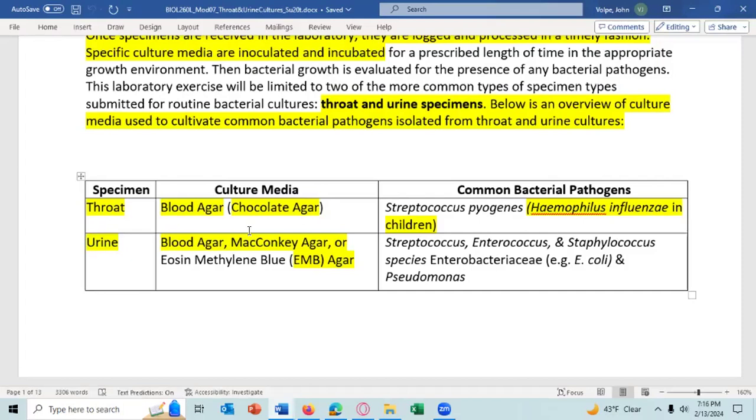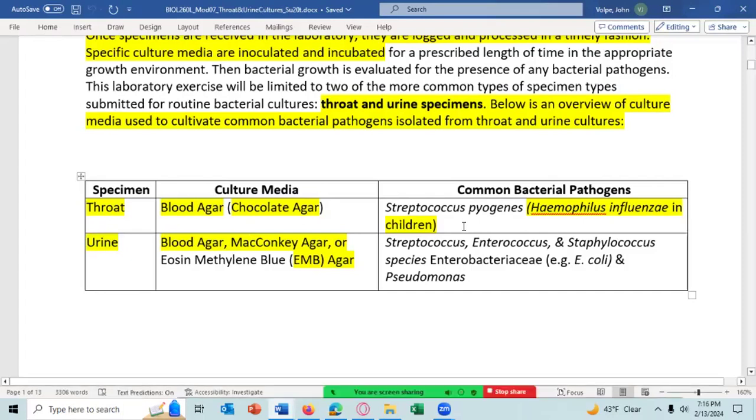Maybe the factor 10. It needs 2 other factors that are supplied in the blood cells, but Haemophilus influenzae cannot use them because it does not lyse the red blood cells. And so those factors are not released into the media. So Haemophilus influenzae will not grow on blood agar. It is fastidious, but it will not grow on blood agar.